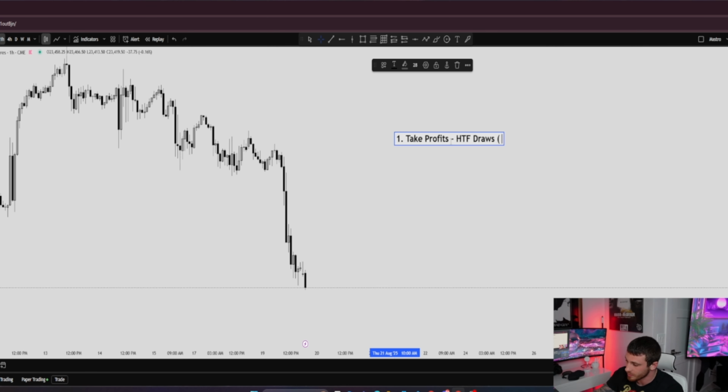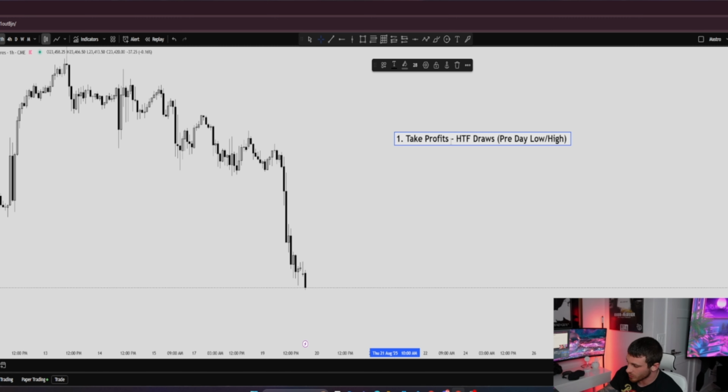Let's say you can do previous day low / high. You guys can screenshot this and write it down in your notes. Previous day lows and highs.